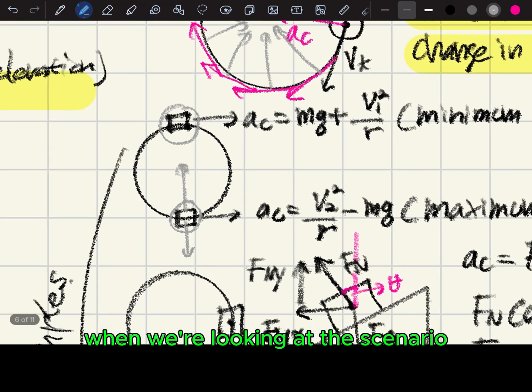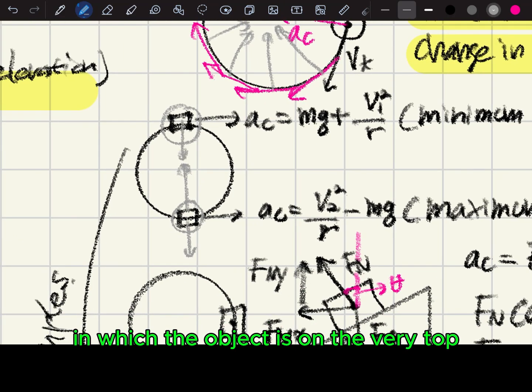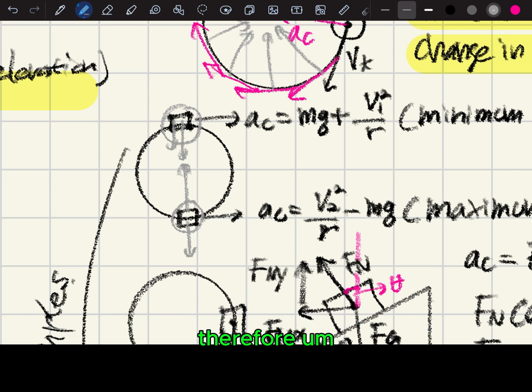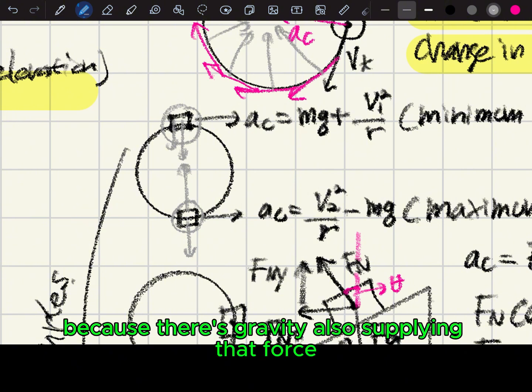When we're looking at the scenario in which the object is on the very top, the centripetal acceleration and the gravitational force are in the same direction. Therefore, you won't need that much velocity to maintain the centripetal acceleration because gravity is also supplying that force.